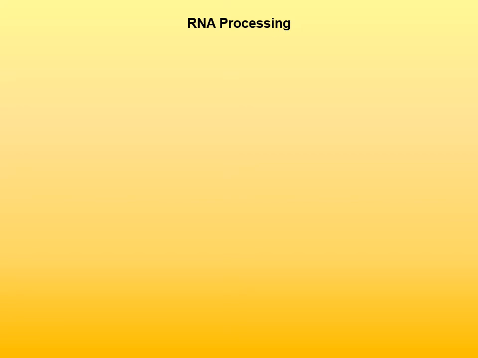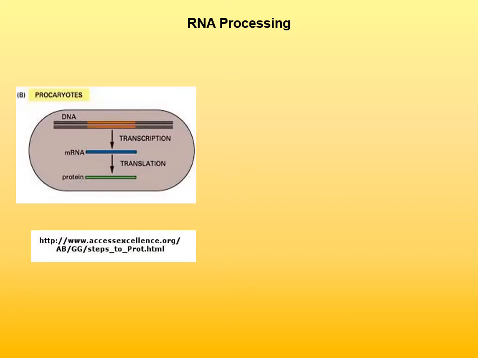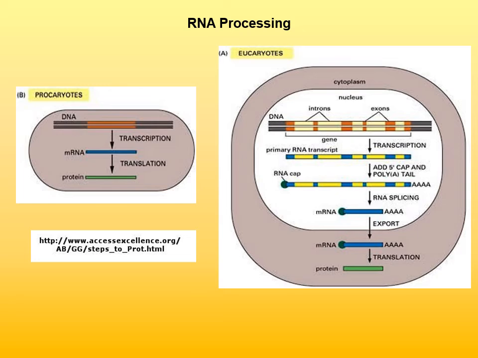Transcription and translation differ in eukaryotes and prokaryotes. In prokaryotes, a messenger RNA transcript is typically translated immediately without any further processing. In eukaryotes, transcription results in synthesis of heterogeneous nuclear RNA, hnRNA, which is the actual precursor of messenger RNA. Primary RNA transcripts of eukaryotes, so hnRNA, then undergo further processing.